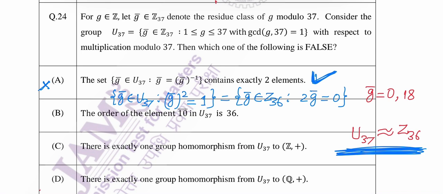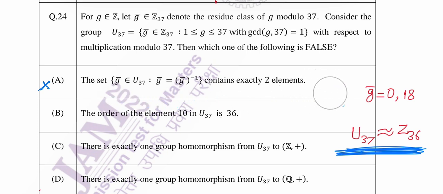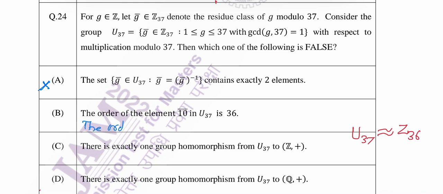Now I go for option B. For that I erase these things. We use the same relation for option B, and here I write the statement in option B equivalently: the order of the element 10 bar.